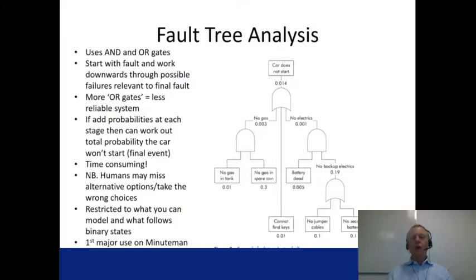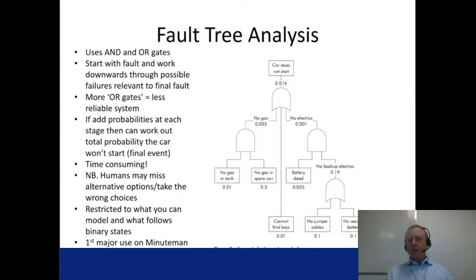We use these things called Boolean operators. So fault tree analysis just uses AND and OR gates. It doesn't use any of the other options you get under Boolean or logic. So if you think about it, the more OR gates you have in a system as you model it, the more likely you are to end up with your final undesirable outcome.